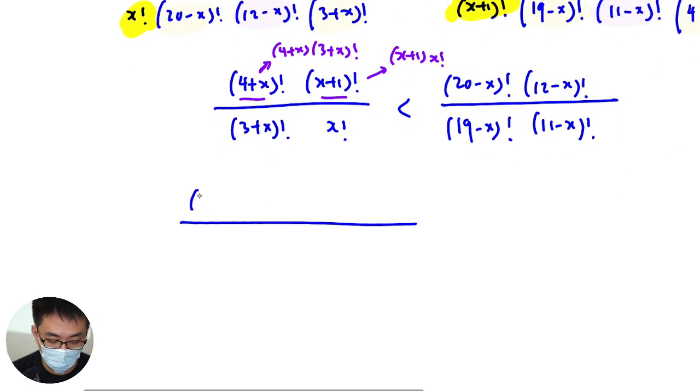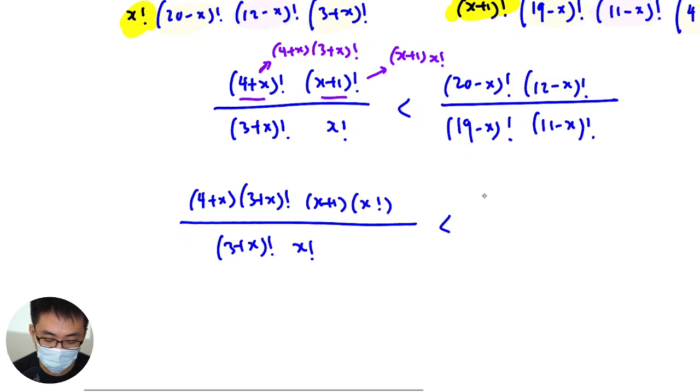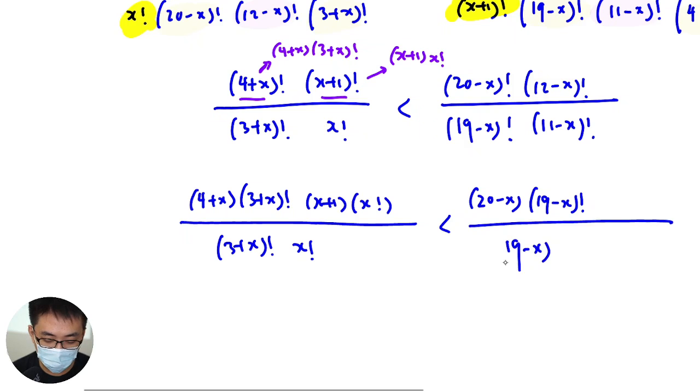So this is 4 plus x, 3 plus x factorial. This is x plus 1, x factorial. Then this is 3 plus x factorial, and this is x factorial. Then this 20 minus x will be 20 minus x times 19 minus x factorial, and 12 minus x times 11 minus x factorial.